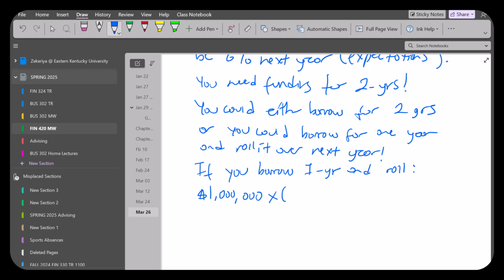The first year you're going to pay 4%, which means at the end of 1 year, let's assume there's no intermediate payments. You're just going to roll it over or refinance it.